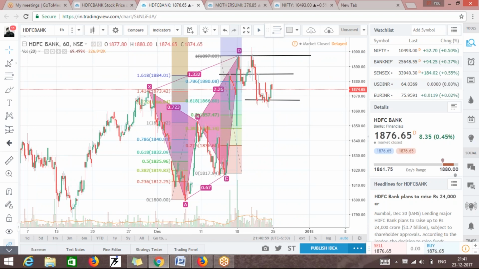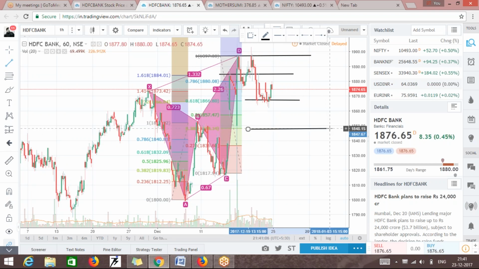But as per the market signals on Friday, Nifty closed above the 8590 level. It did not close above 500, but it closed above 8590, so we are expecting an upward movement. So it could give support to HDFC, or HDFC could support Nifty the other way around.